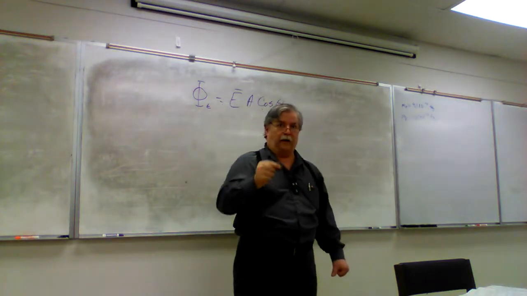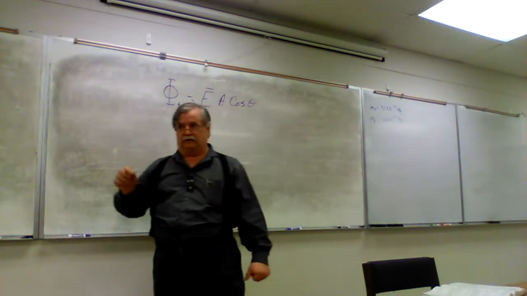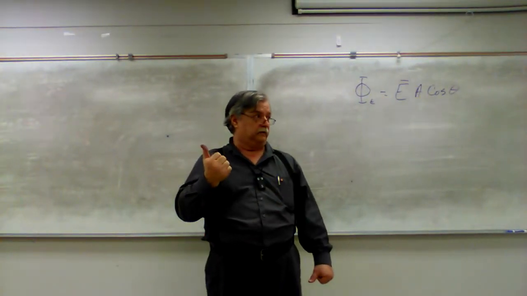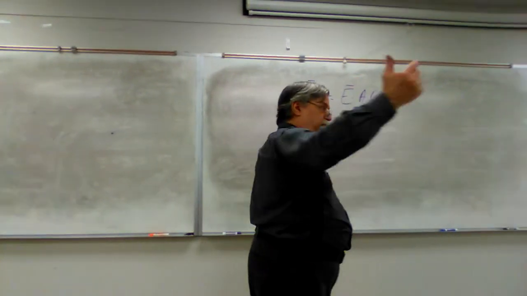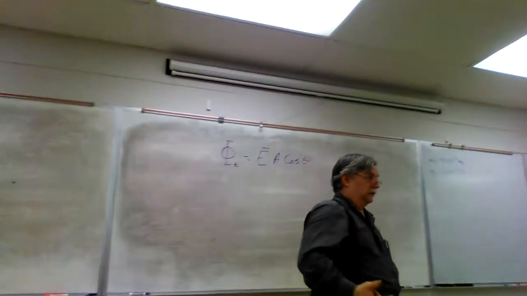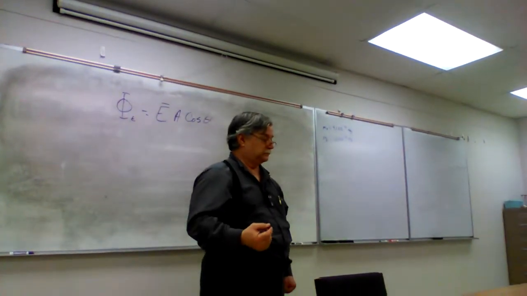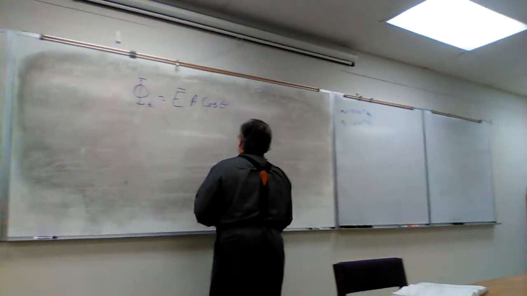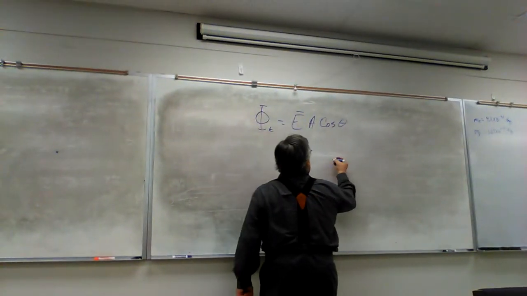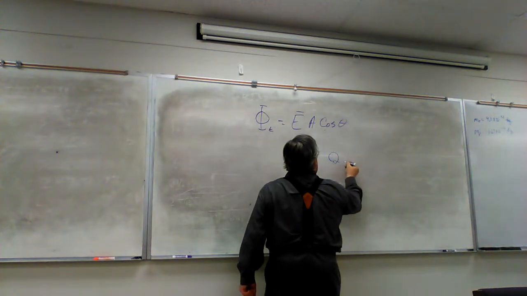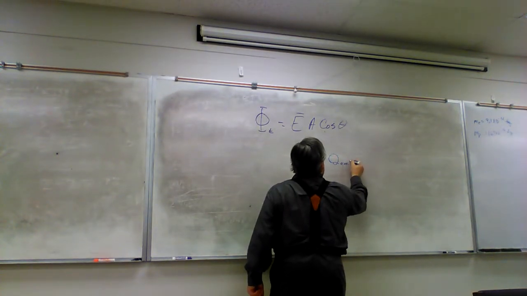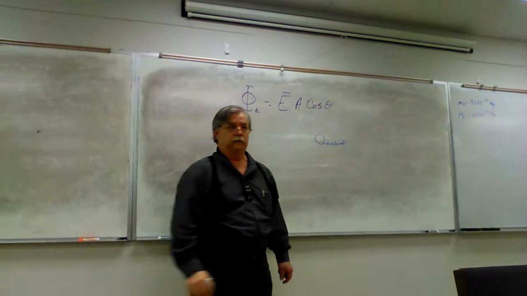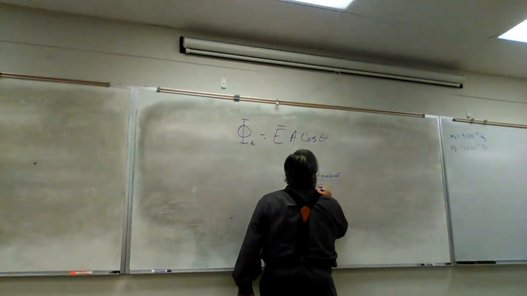And then you add up all of those little products of pieces of area times perpendicular E field. And as you add them up over the whole surface, they're going to total up to the charge enclosed by that surface divided by epsilon sub naught.